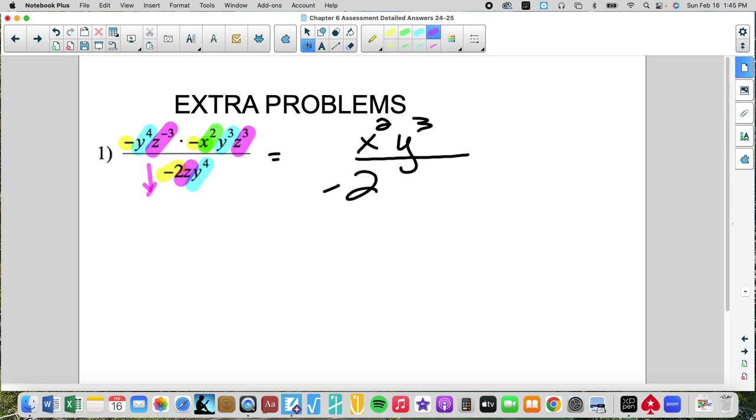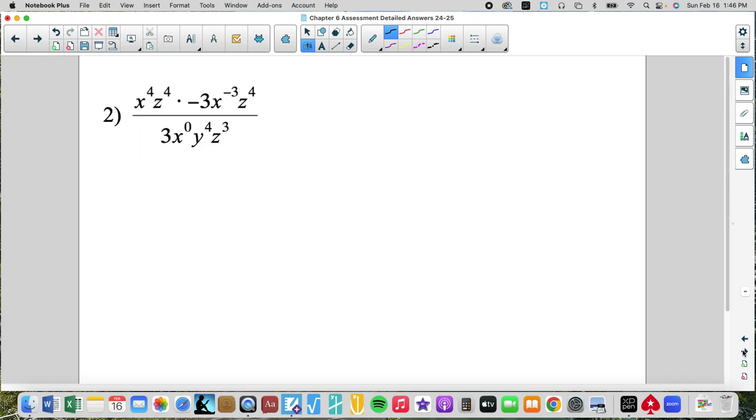So I have z to the fourth in the denominator and z to the third in the numerator. So I have an extra z in the denominator. So that would be my answer. That negative can be in the numerator or denominator. It doesn't matter. But that would be my final answer.